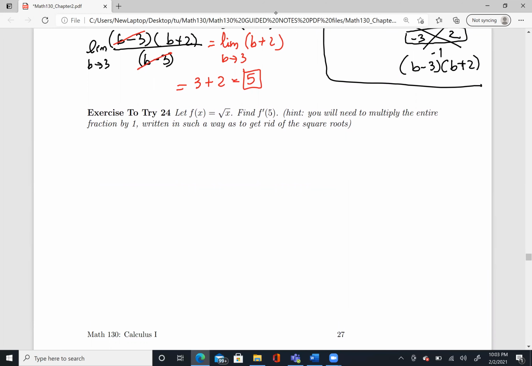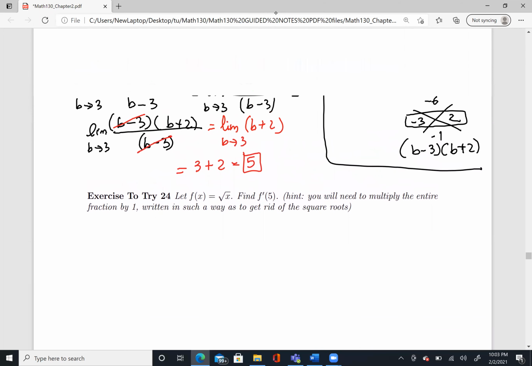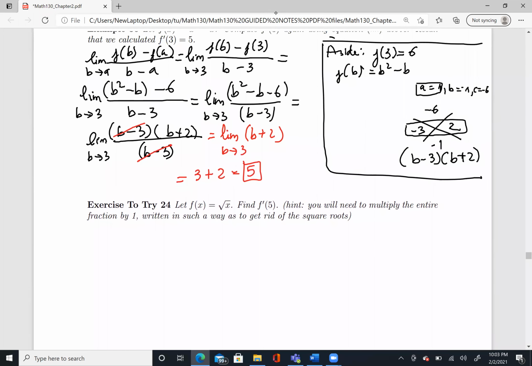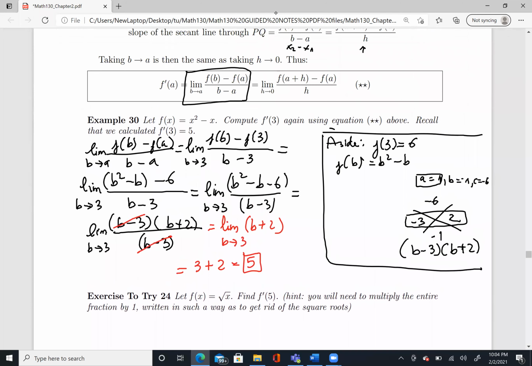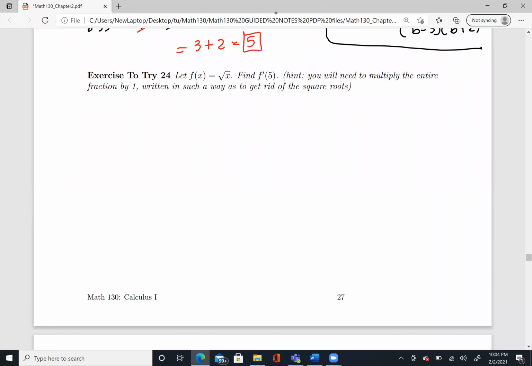You can go ahead and try this. Make sure that you are using the formula that I have provided, the second one over here, for this exercise. The answer should be written in the way that you did the square root.